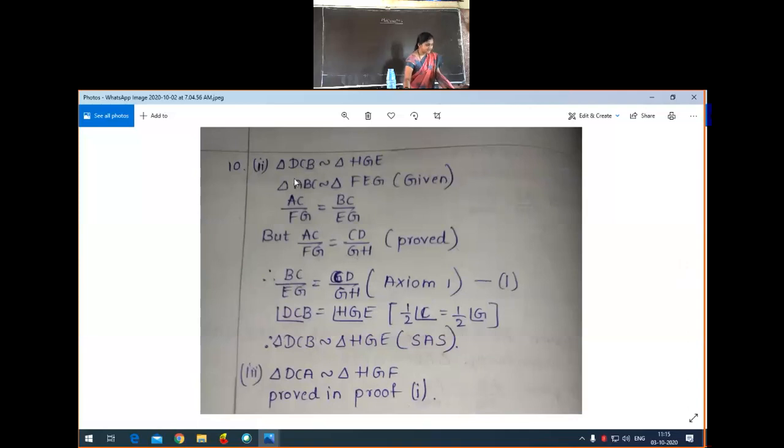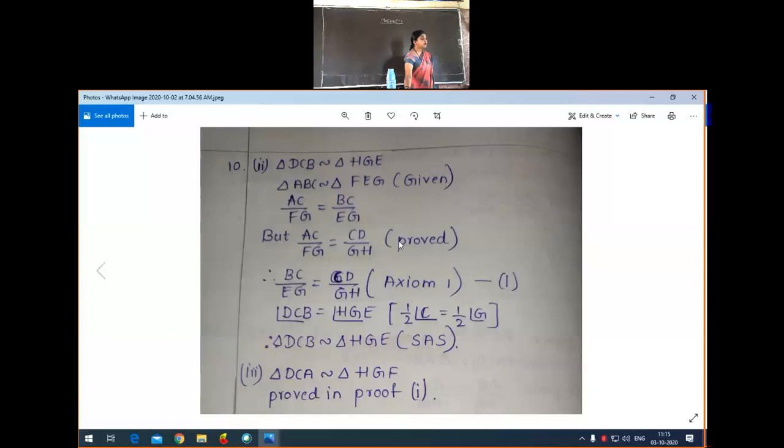Here, second part: triangle DCB similar to triangle HGE. In the second part, we have to show that triangle DCB is similar to triangle HGE. For that, first, the given data is triangle ABC similar to triangle FEG. The big triangles are similar, it is given.